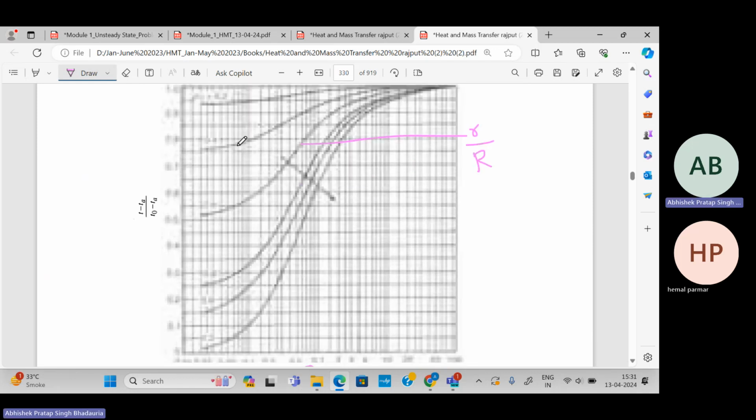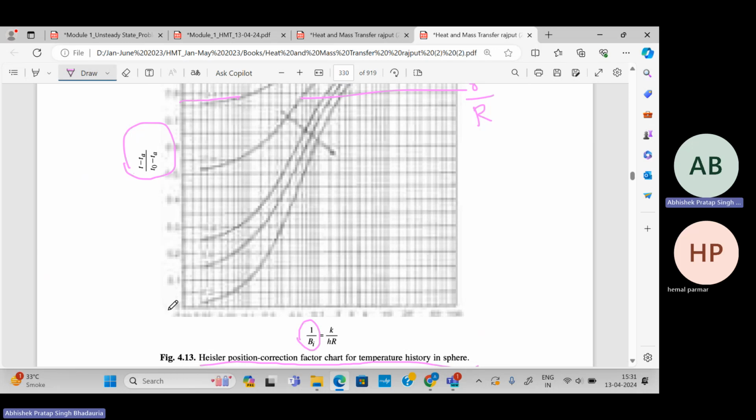We will locate a point on the graph, and then we'll take the horizontal projections. We can directly find the correction factor with the help of the correction factor chart of the sphere, giving the factor T minus Ta divided by T naught minus Ta.